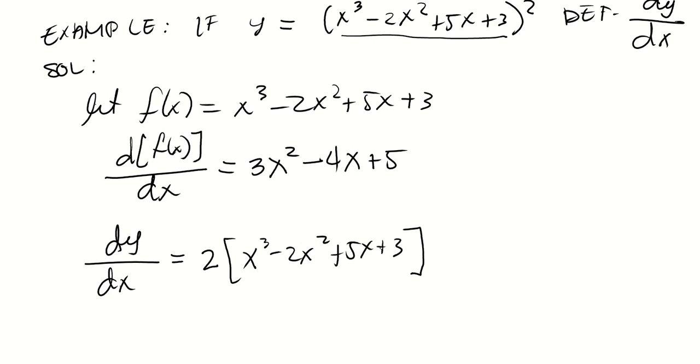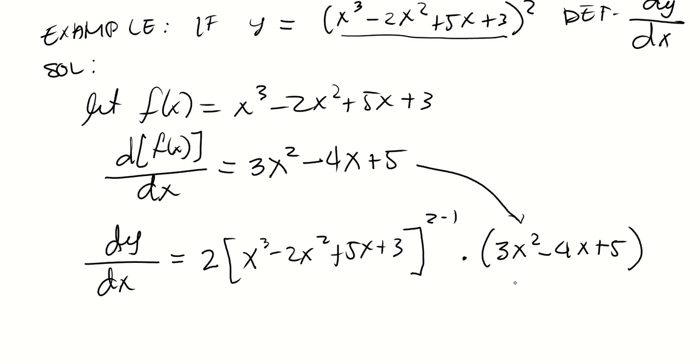Then this is raised to 2 minus 1. That's the power rule. But we're still not done applying the chain rule. Multiply it with the derivative of f of x, which is 3x squared minus 4x plus 5. So this is from here.